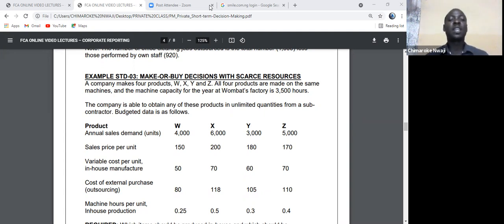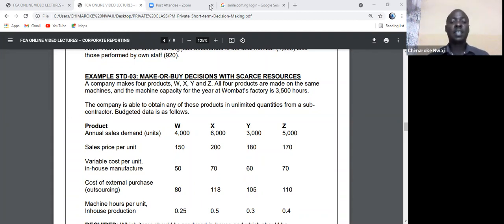The company is able to obtain any of these products in unlimited quantities from a subcontractor. So it means that since it's getting unlimited quantity from a subcontractor, any shortfall from what they are going to produce within that 3,500 hours, they are going to outsource it.